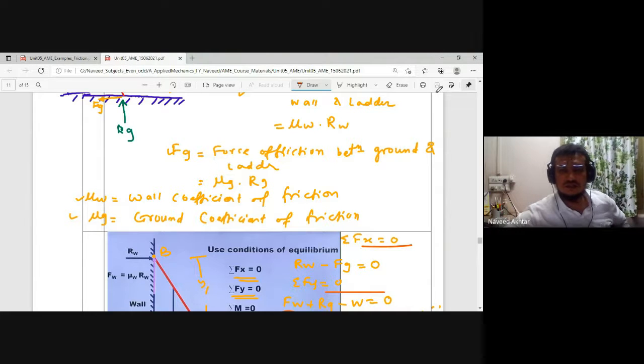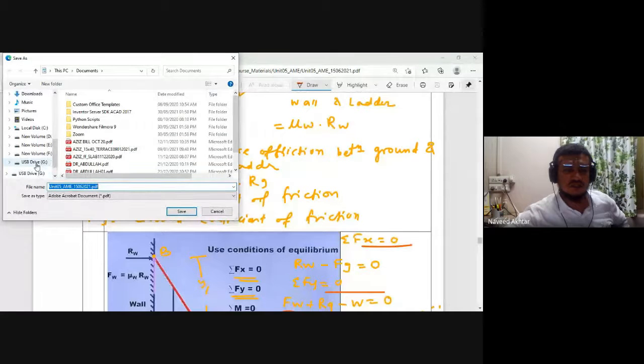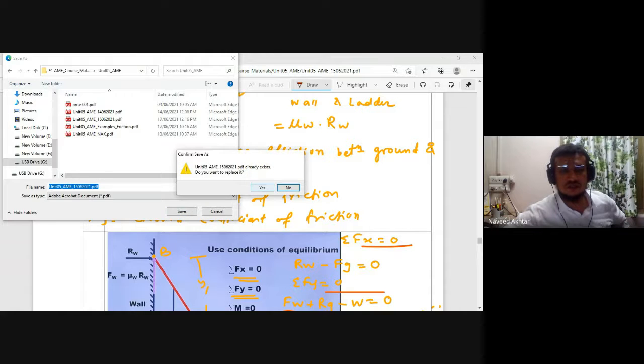Okay, now what about the frictional forces. This is nothing but what you have covered up till now in unit number 5 of your frictional process.